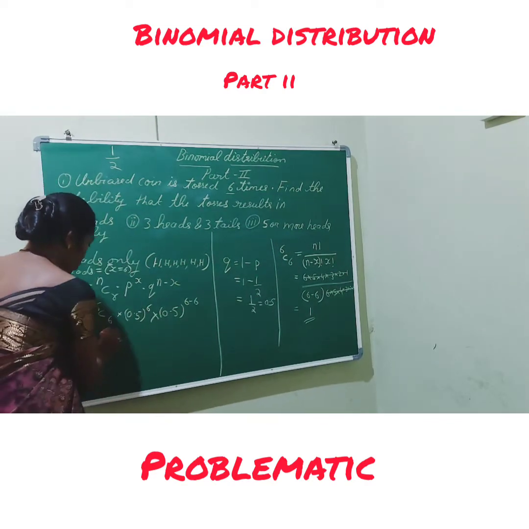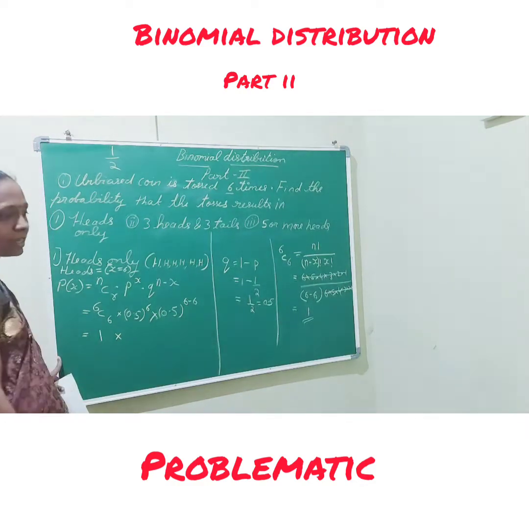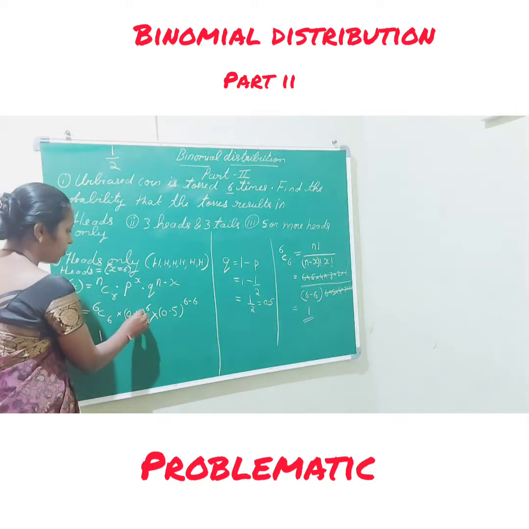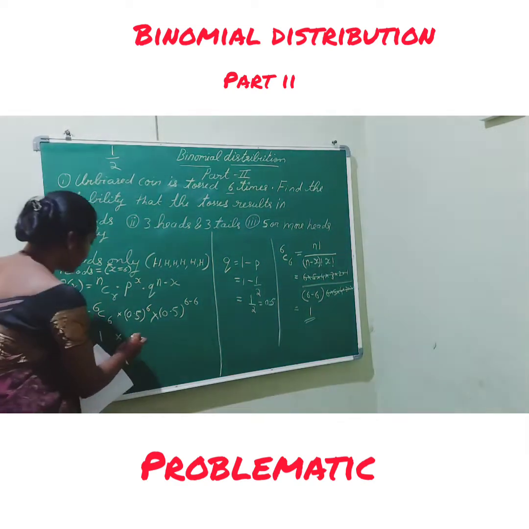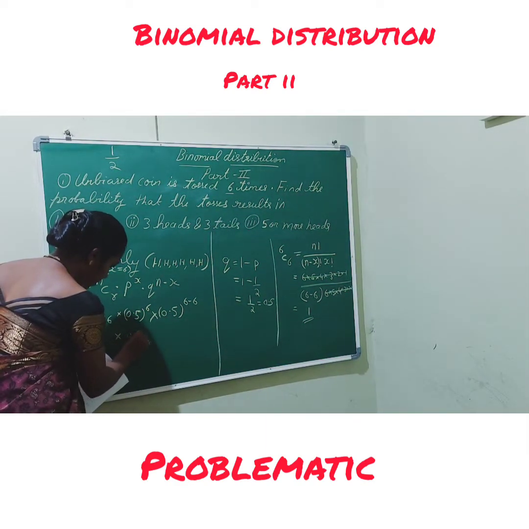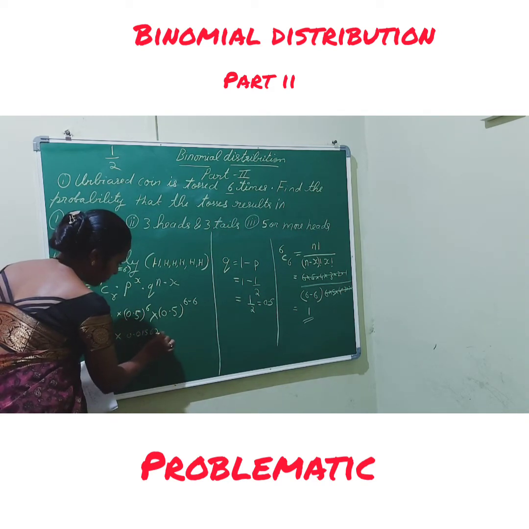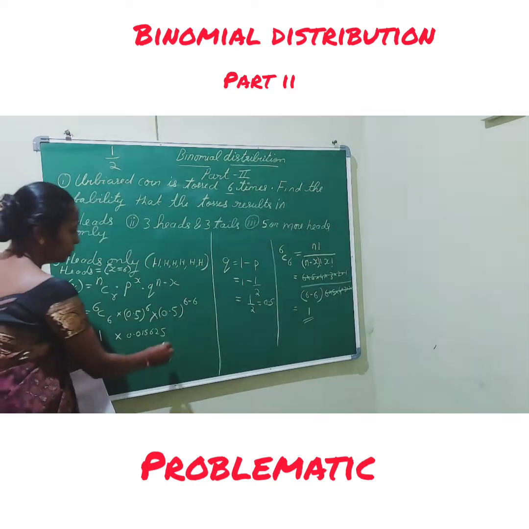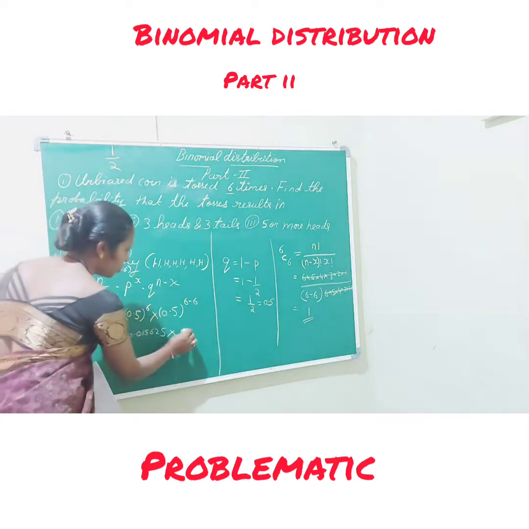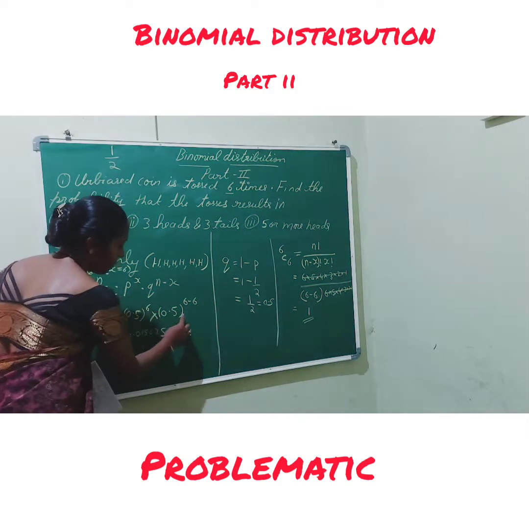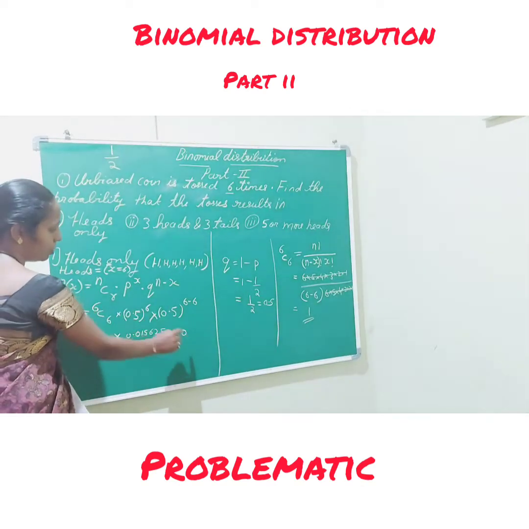So remember this. This is 1 into 0.5 raised to 6. On a calculator, you multiply 0.5 six times, so you will get around 0.015625, into again 0.5 raised to 6 minus 6. 0.5 raised to 0 is 1. When a number is raised to 0, you get 1.